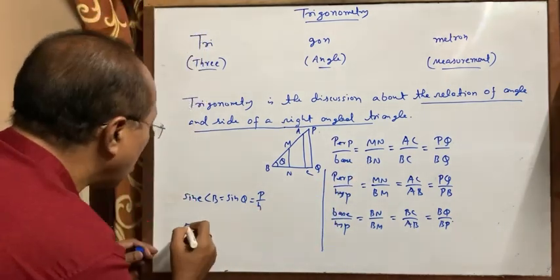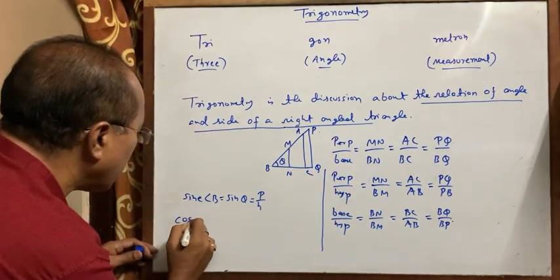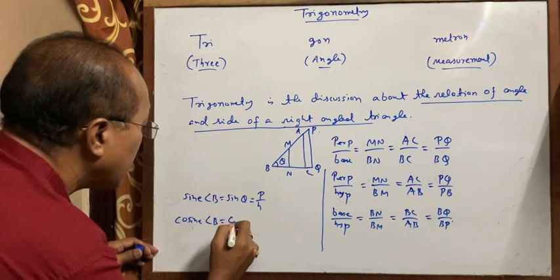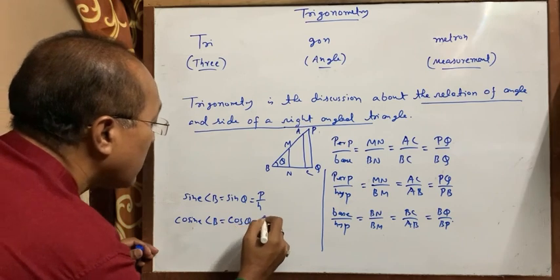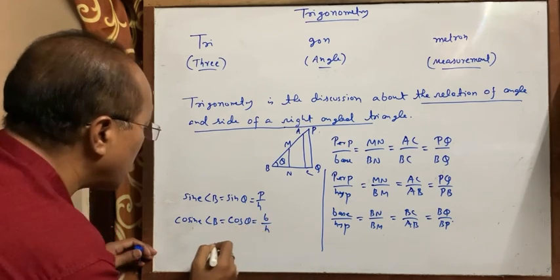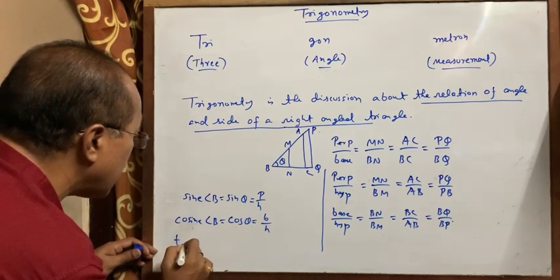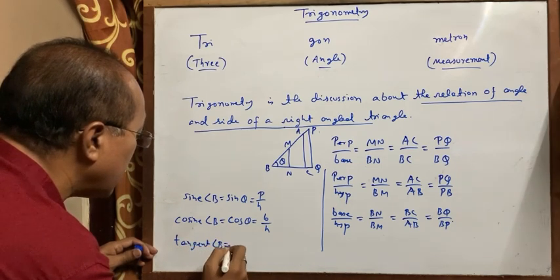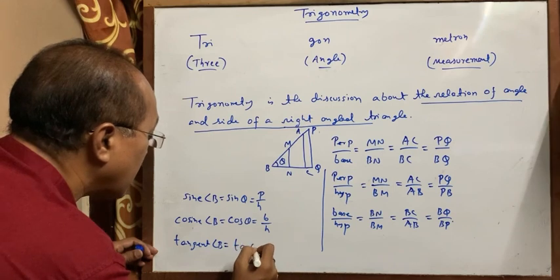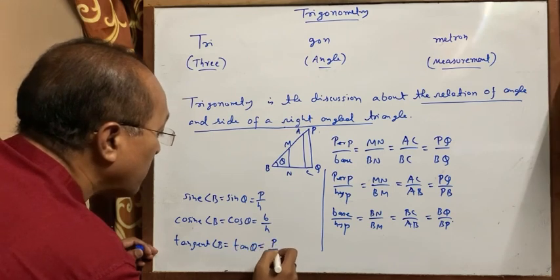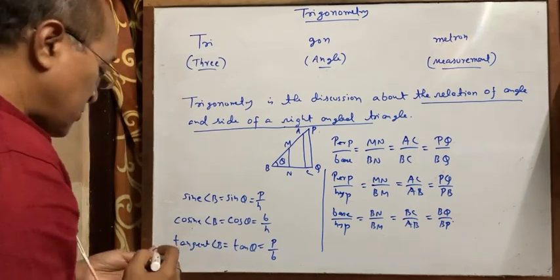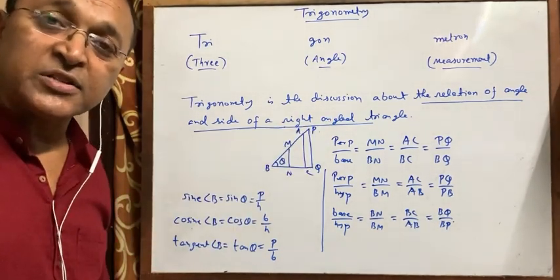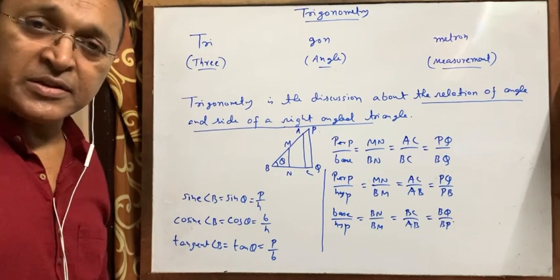And then cosine of angle B, that is cos theta, will be base by hypotenuse. And tangent of angle B, here it is tan theta, which will be perpendicular by base. So these ratios can be considered as sin theta, cos theta, tan theta, isn't it?